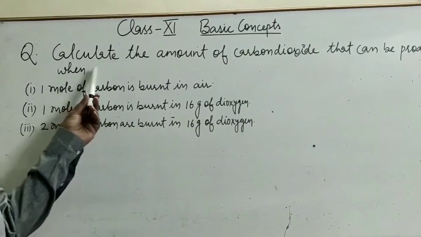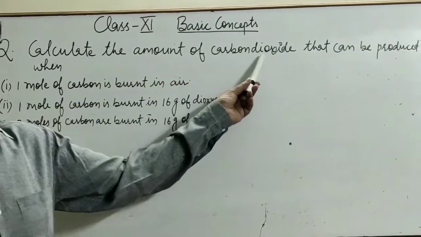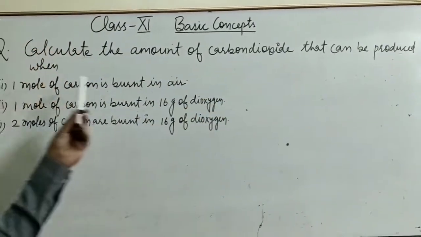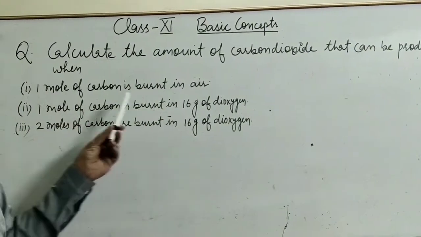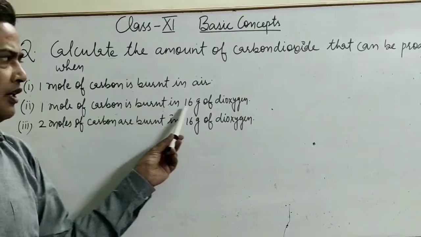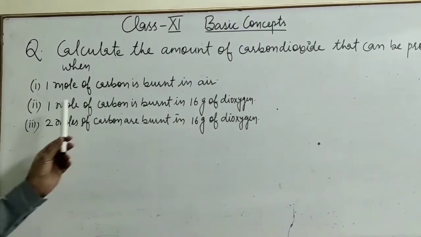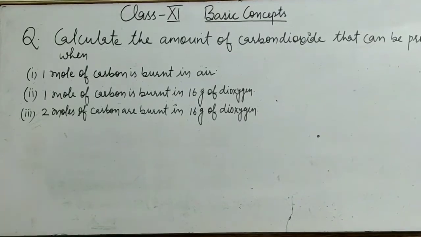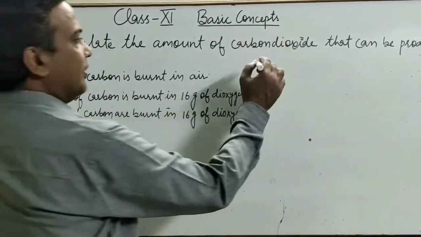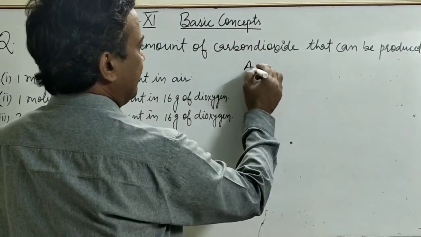Now students, let's see the question related with limiting reagent. Question is, calculate the amount of carbon dioxide that can be produced when 1 mole of carbon is burnt in air, 1 mole of carbon is burnt in 16 gram of dioxygen, 2 moles of carbon are burnt in 16 gram of dioxygen. To solve this question, first we have to write the balanced reaction.